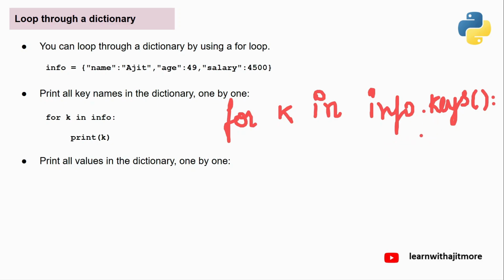If you check the return value of this, it will again be an iterable of only keys. And as it's an iterable, if you use it in a for loop, it will give you one by one the values from that iterable, which are going to be keys. And then inside the for loop, if you write info of k, it will give you the value associated with it.